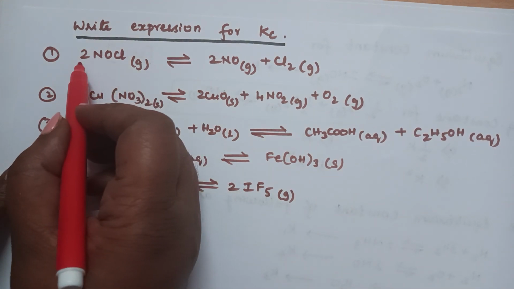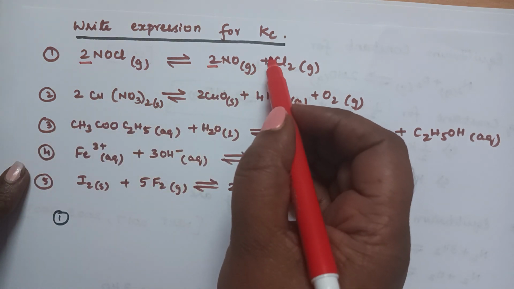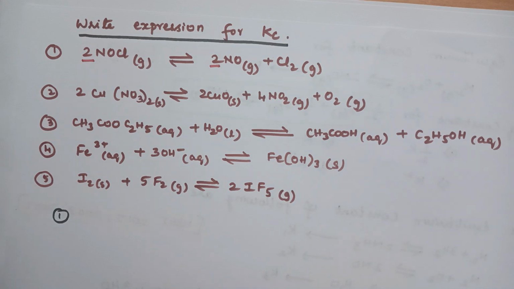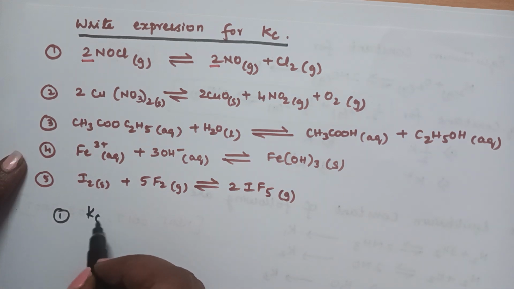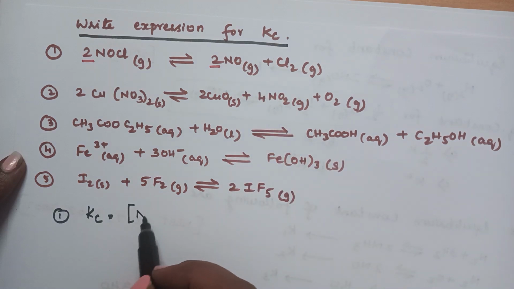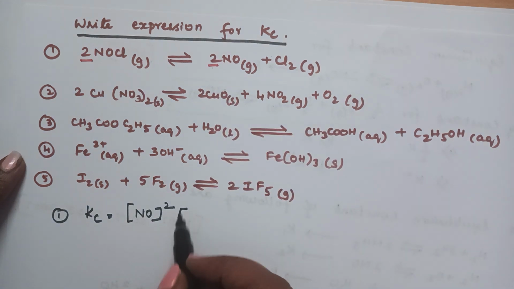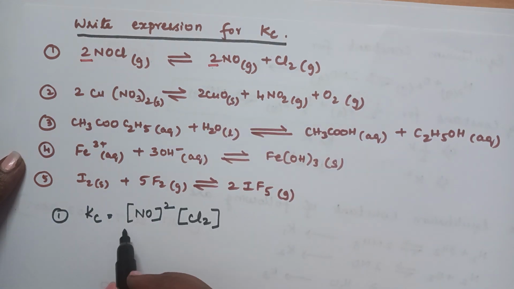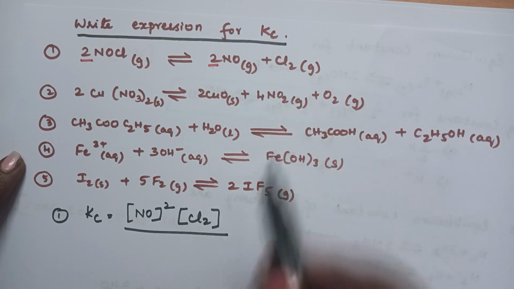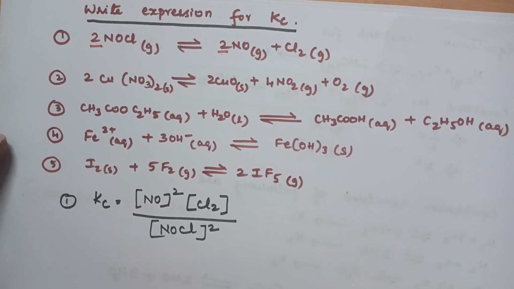Here the stoichiometric coefficient is 2, and if there is no number, it means it is 1. So Kc is equal to the product, NO power 2 and then Cl2, divided by NOCl, the reactant, to the power of 2. So this is the first one.